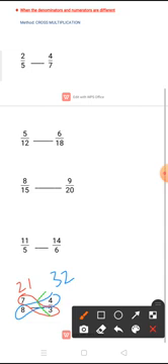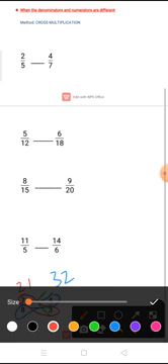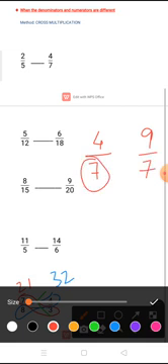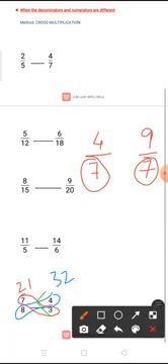Suppose I am taking one example, 4/7 and 9/7. You can see these are like fractions as the denominators are the same. In this case also, you can use the cross multiplication process.